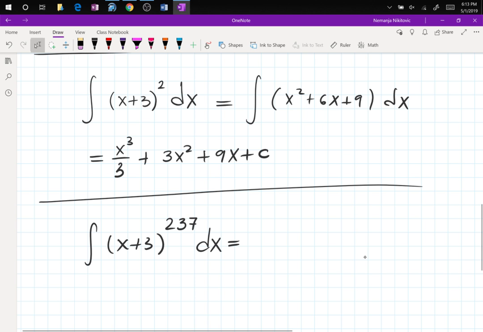Okay, so guys, the problem up there, it's a square. Even if it's a cube, you can probably still cube it faster than actually going with the U sub problem. Now 237 in its exponent. No, I'm not foiling, okay? So what do we do?